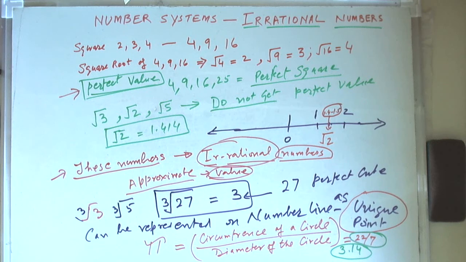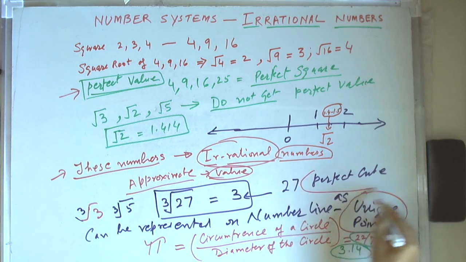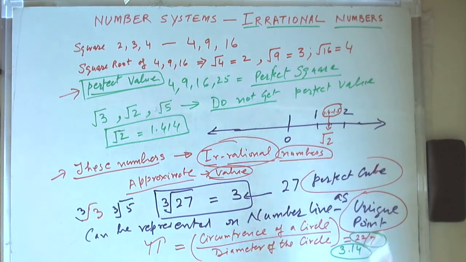Similarly, the cube root of any number other than a perfect cube is also irrational. But all irrational numbers can be represented by a unique point on the number line, and this can be done only by a geometrical process, which we will learn later.